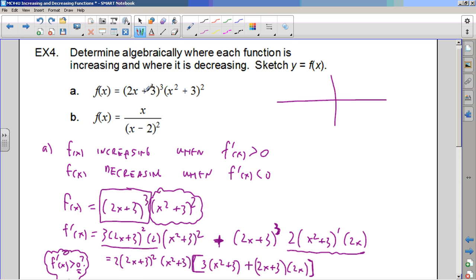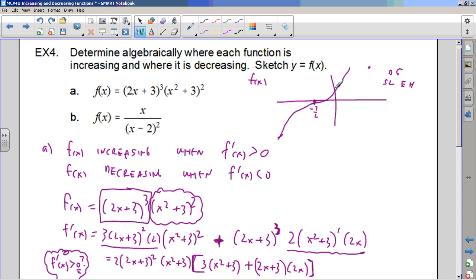We can see f at x is going to be 0 at negative 1.5, and it's a slide, right? It's a slide. This contributes no more zeros. It's degree 5, which starts low and ends high, right? Starts low, ends high, and a slide there.